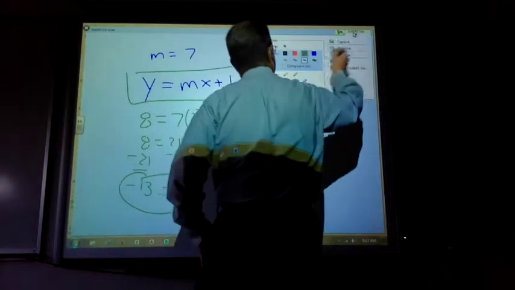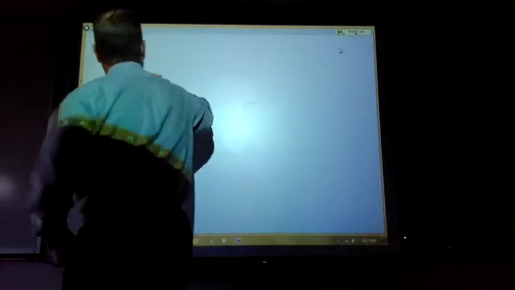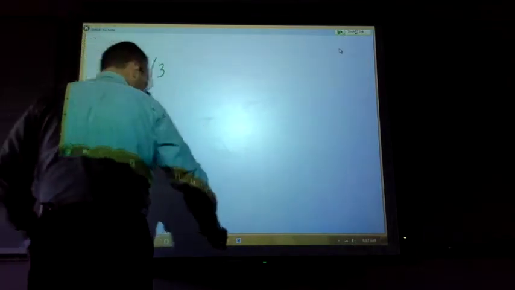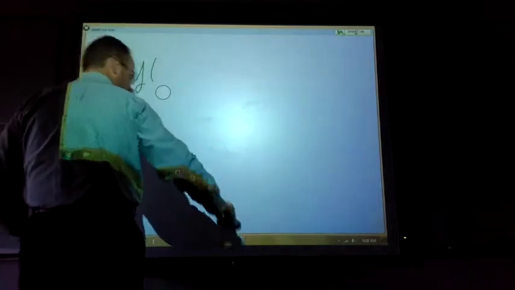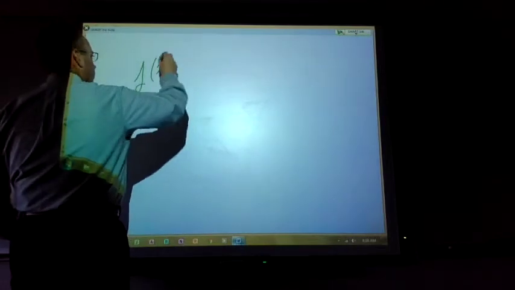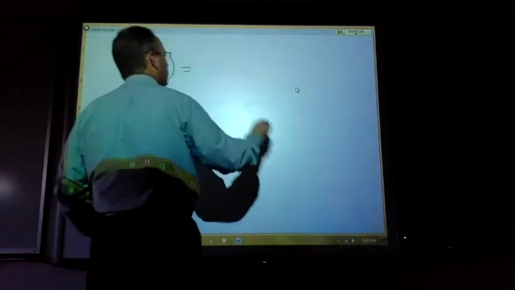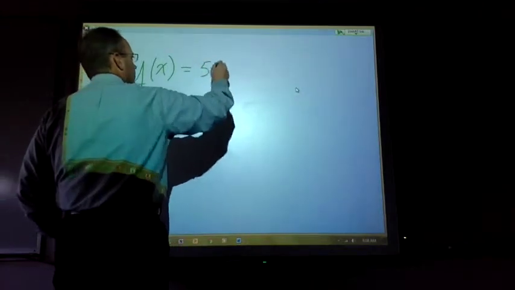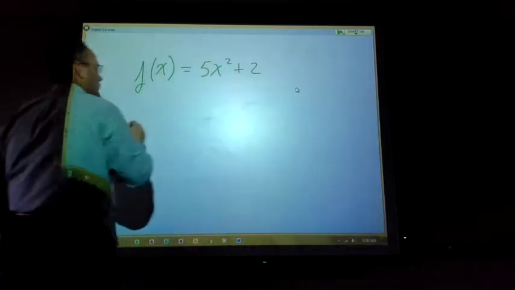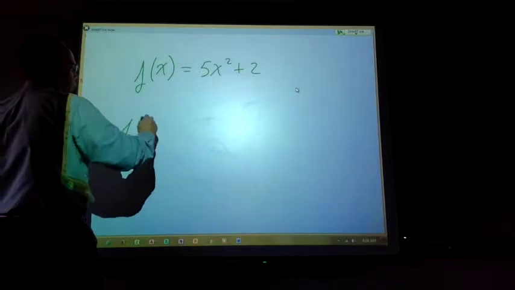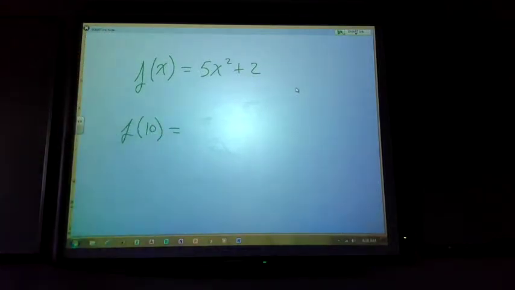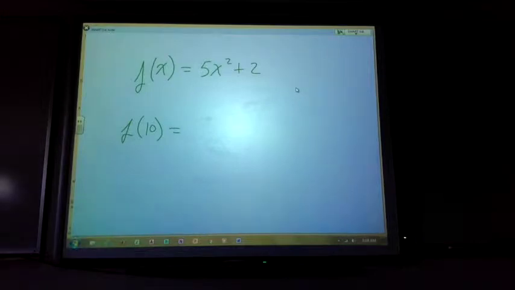If I had this, how do I do it? Plug in 10 as x, for x, right.